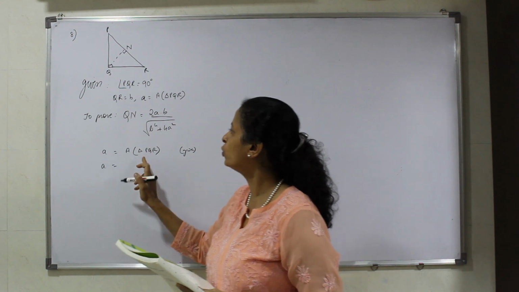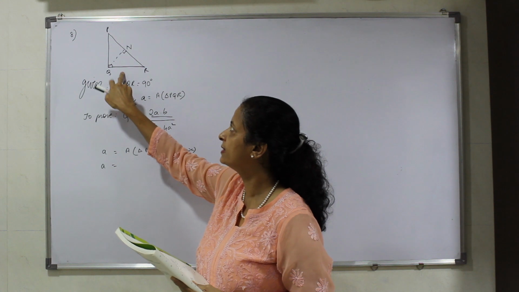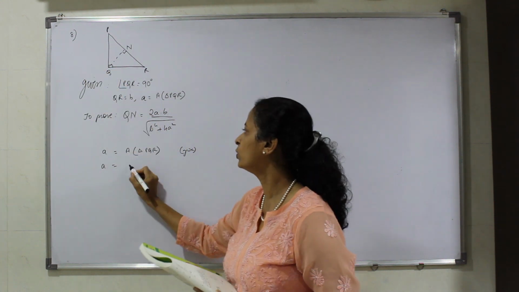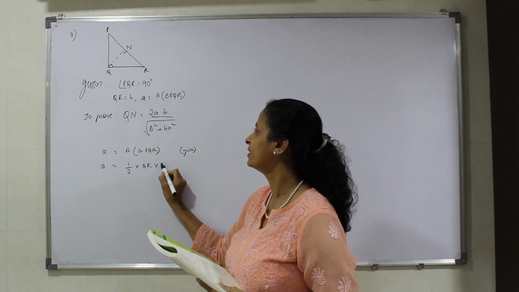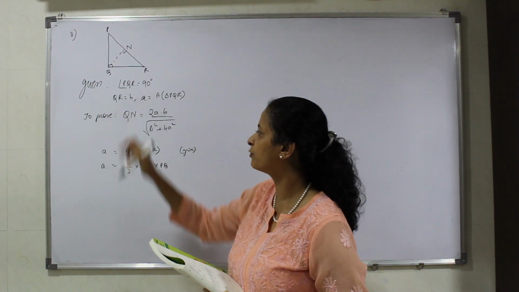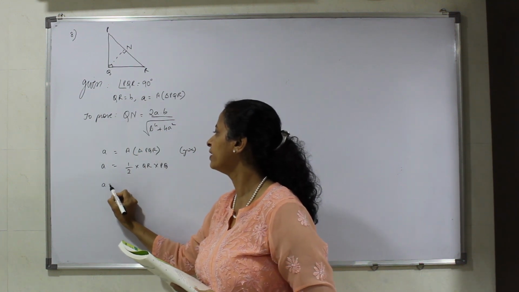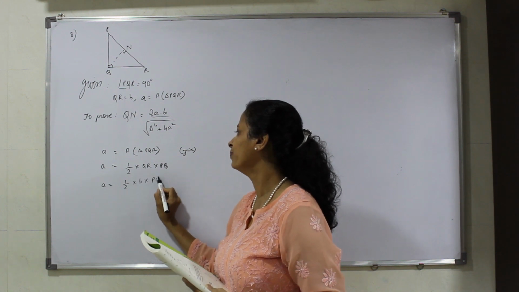Now a is equal to, what do you think is the area of the triangle PQR? If QR is my base, then PQ is my height. And so it goes with half the base into the height. Now substituting the QR, because we know the letter for QR is a small b, so you have a is equal to half into b into PQ.